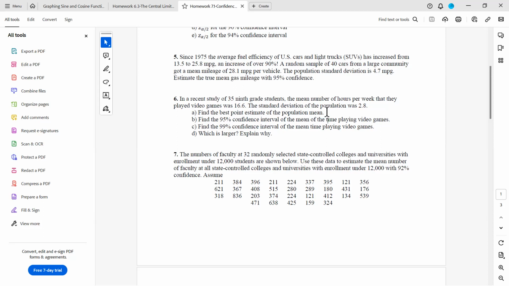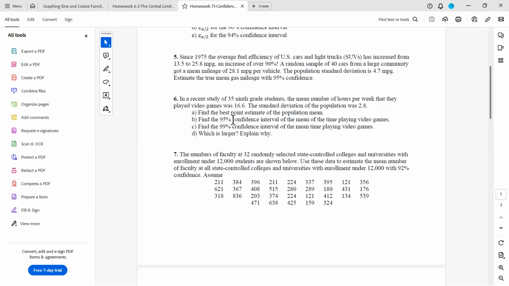So the answer to part A, and this is the reason, the best point estimate for the population parameters are the sample statistics. So if you have a population mean, the best point estimate for the population mean is the sample mean. Okay, so part A is 16.6.